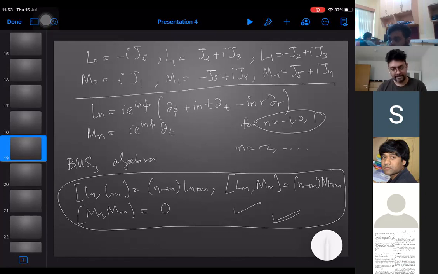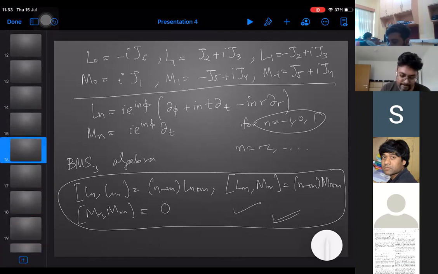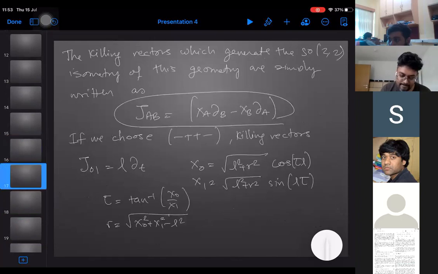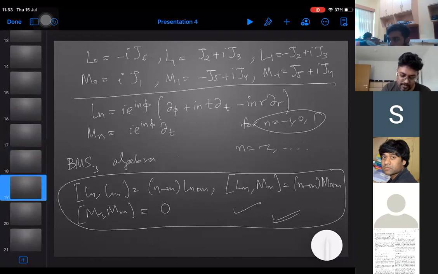But what I was wondering is that shouldn't there be a way of getting this Virasoro algebra directly? Since you're taking the flat space limit of AdS3, the true asymptotic symmetry algebra of AdS3 contains Virasoro. So from there, can't you derive the fact that you get some Virasoro in the flat space limit? That's also true, but that's why I showed you it in two ways.